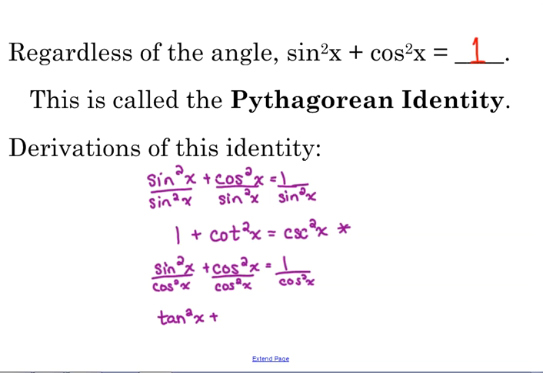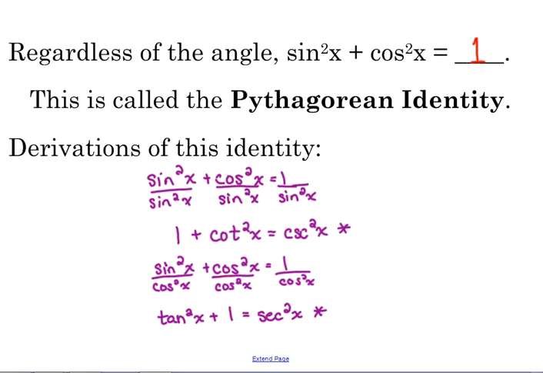Cosine squared over cosine squared is 1. And 1 over cosine squared is secant squared. So there are 3 versions right now of the Pythagorean identity. They are all derivations of the Pythagorean identity.